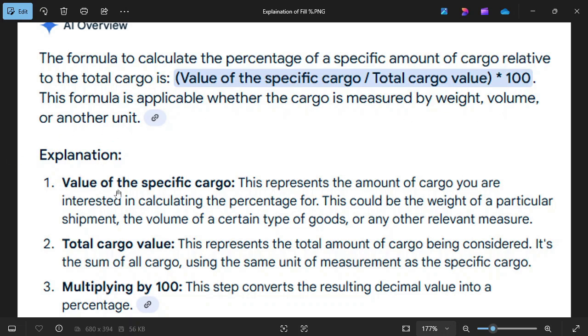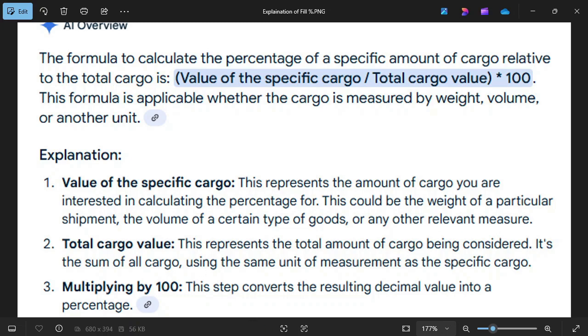This is the explanation. What is the value of the specific cargo? This represents the amount of cargo that you are interested in calculating the percentage for. This could be the weight of a particular shipment, the volume of a certain type of goods, or other relevant measures.